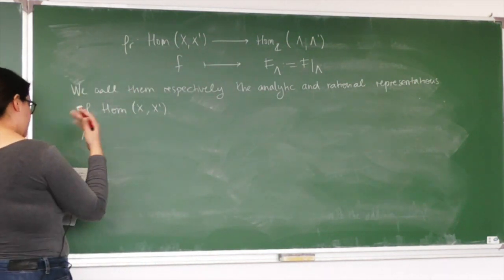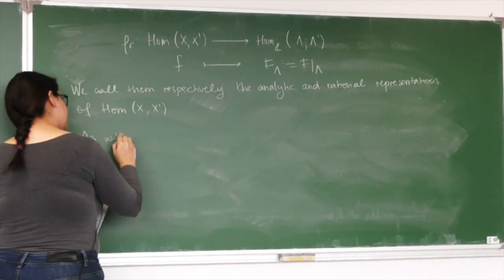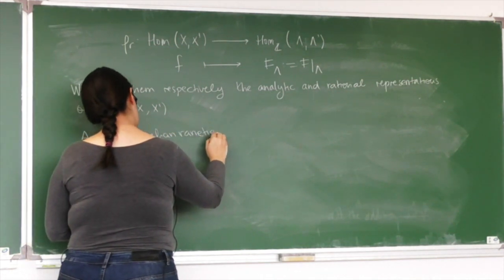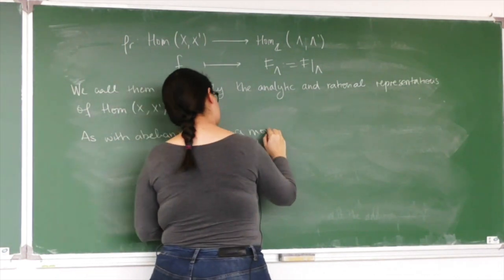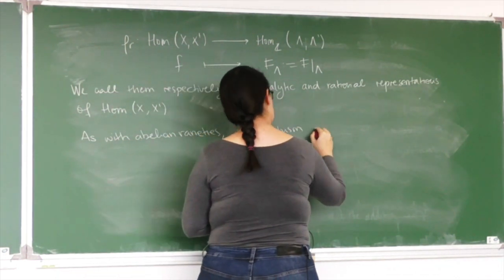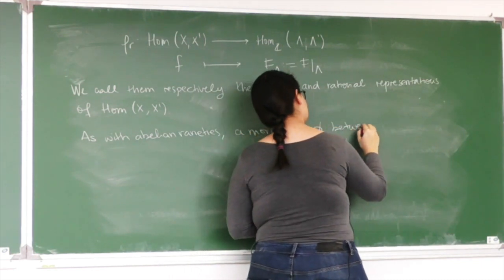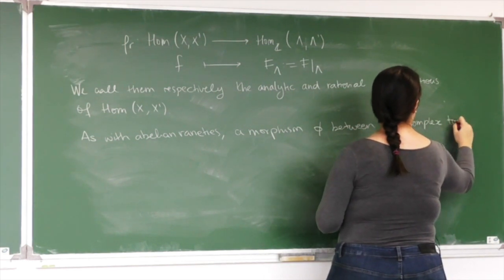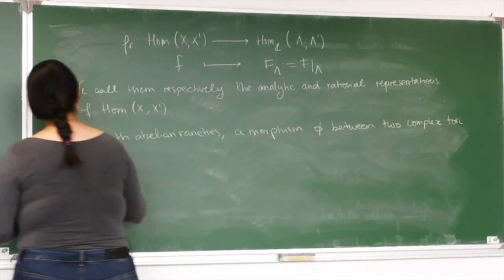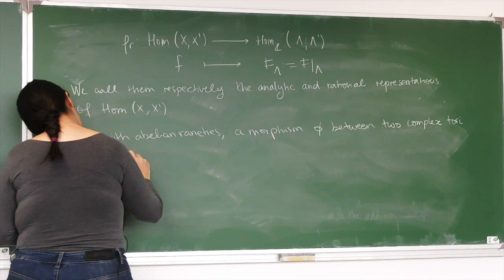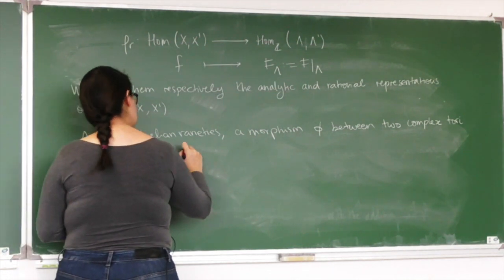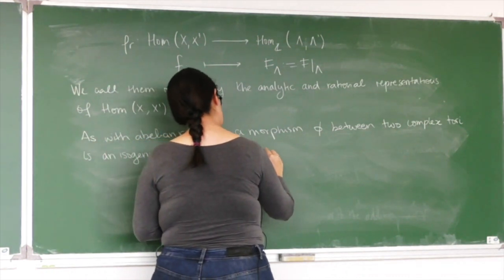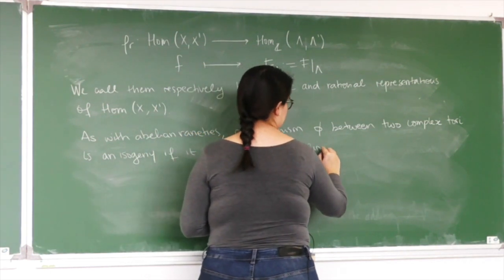So as with the Abelian varieties, a morphism between two complex tori is an isogeny if it is surjective of finite index.